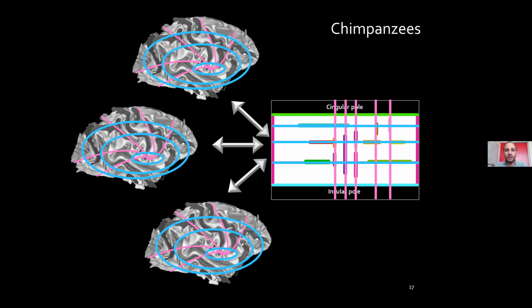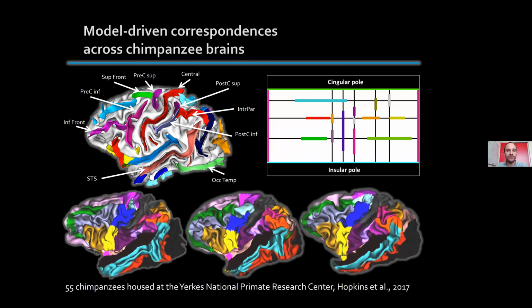Okay, let's just look briefly at the result on chimpanzee brains. Exactly the same procedure. We define landmarks that can be defined in any chimp brain, and we make some assumptions regarding the orientation. The superior frontal sulcus is orthogonal to the central sulcus. That's what is implemented here.